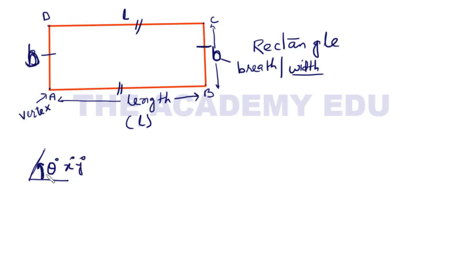You can represent it by any variable, but generally it is taken as theta degree. So here this angle is 90 degree, a right angle. This is also a right angle, means 90 degree. This one is also 90 degree. And this one, angle D, is also 90 degree. Got it?